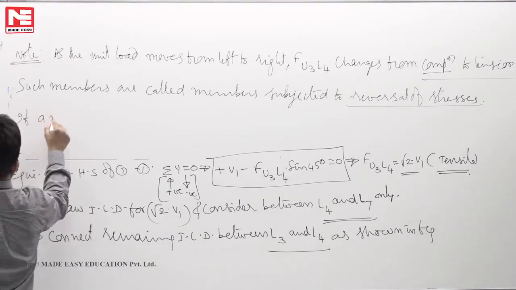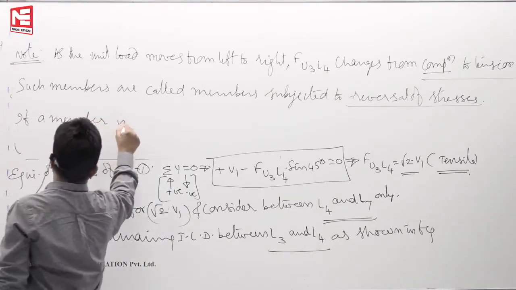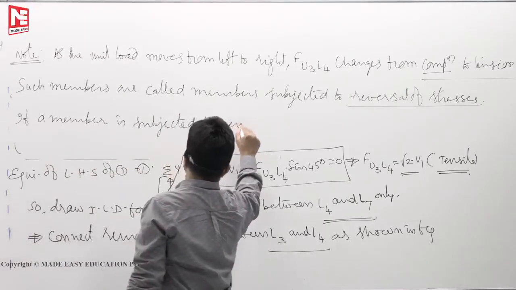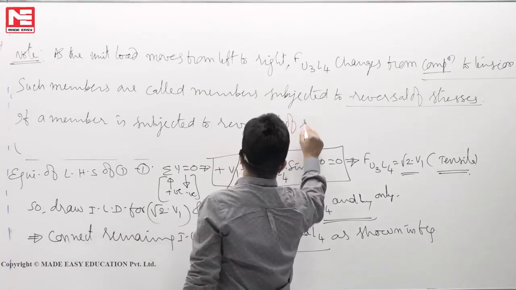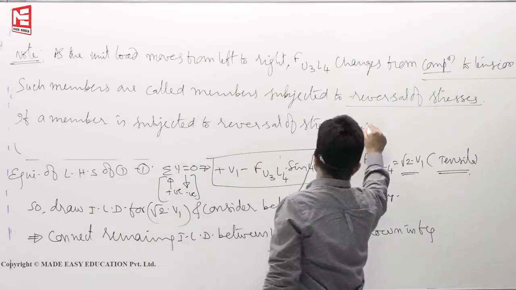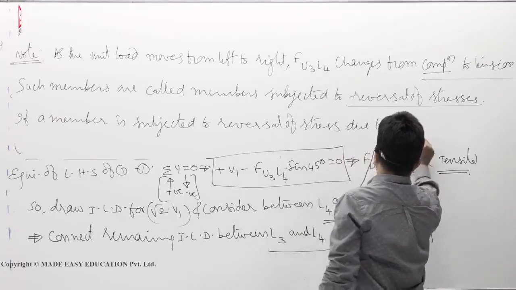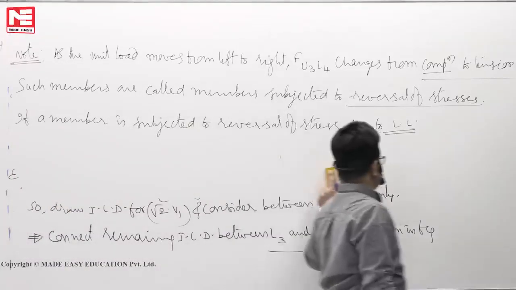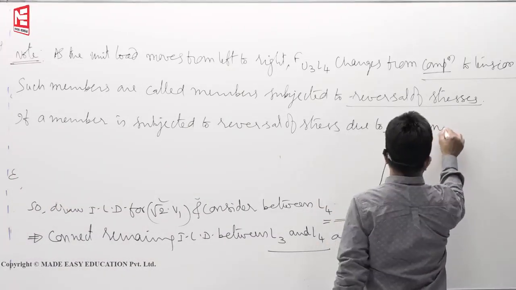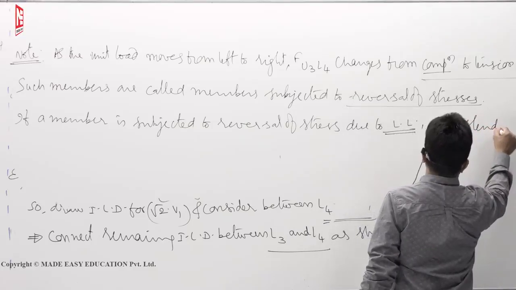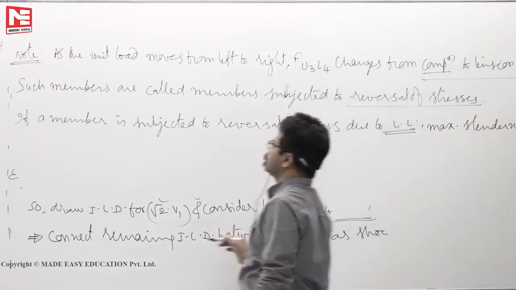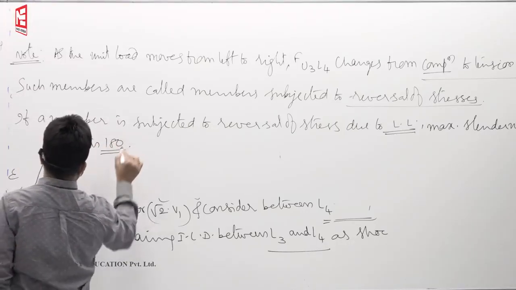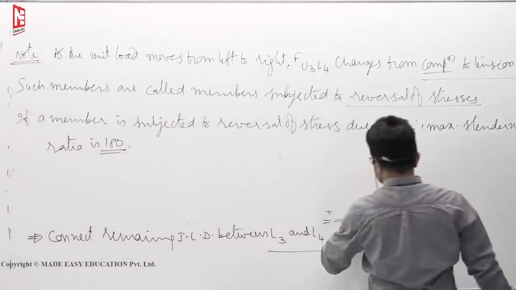If a member is subjected to reversal of stress due to live load, LL means live load, the maximum slenderness ratio is 180, because the compression only is very high.